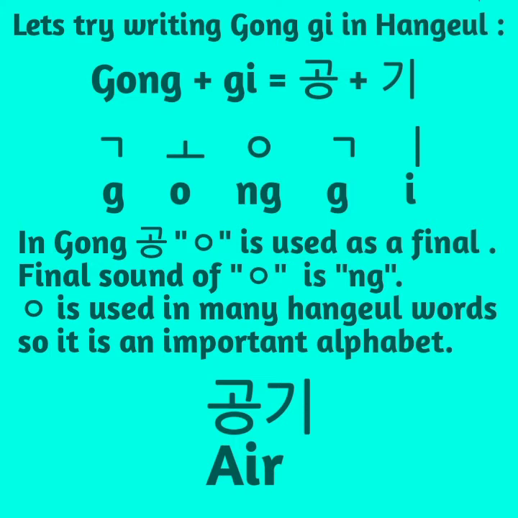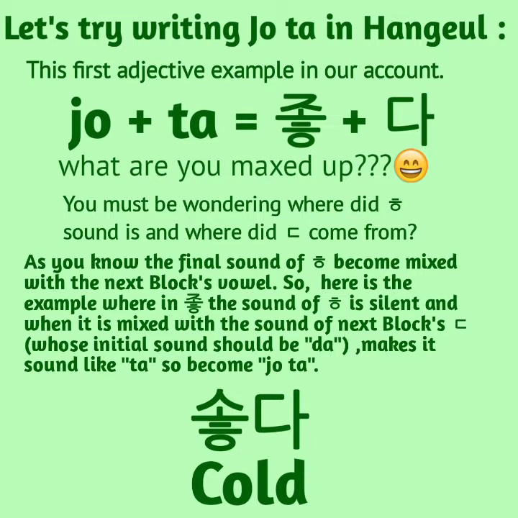The second block is composed of Kiok and E, which forms Khongki. In Khong, Iyong is used as a final sound. Iyong is used in many Hangul words. It is an important alphabet. You'll see many words in which Iyong is used. So this is how we write Khongki, and Khongki means air in Hangul.